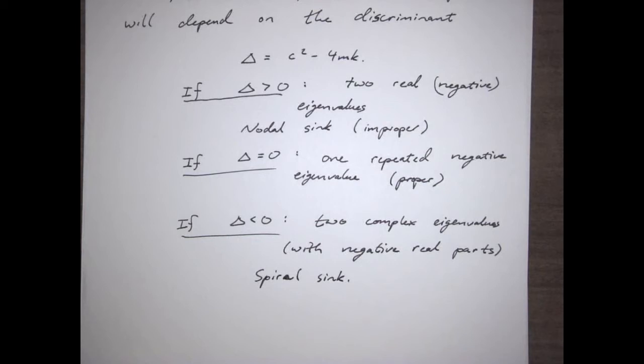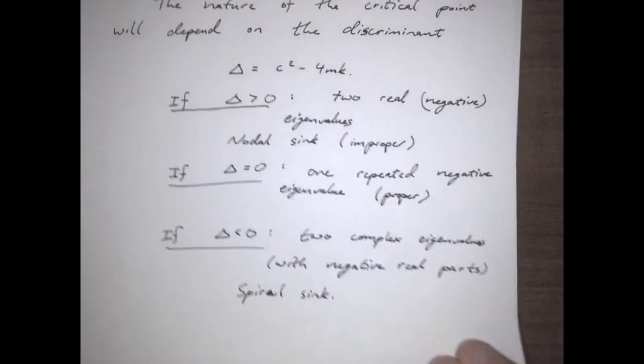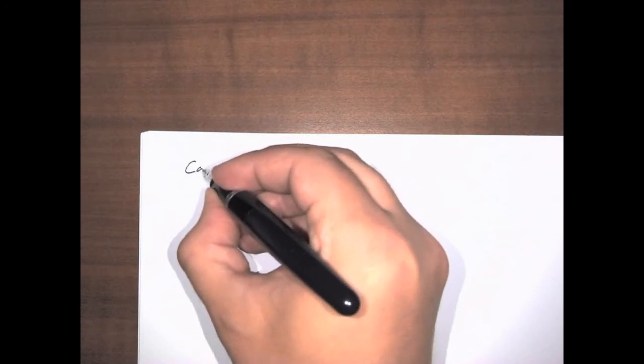Now let's actually look at examples of this, and we're going to consult Bluffton on this matter. But first, let's do some of the math to begin with. So first off, case 1.